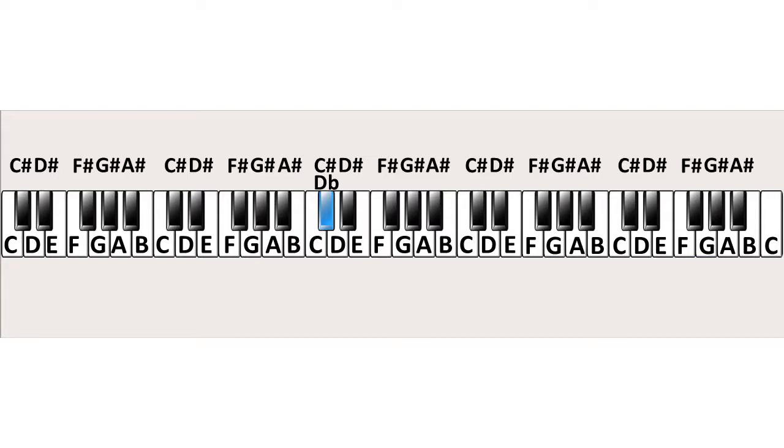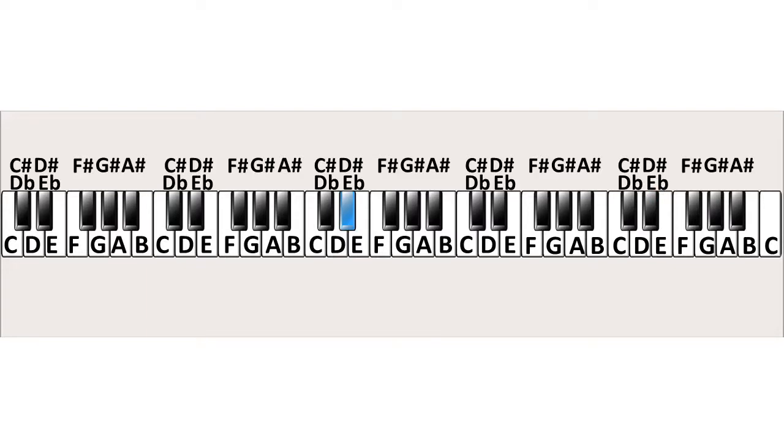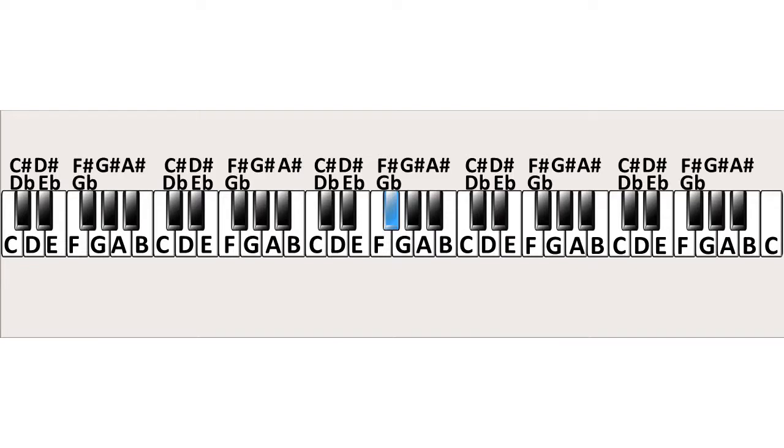Okay, this is of course not the only D flat on this keyboard. Here are the other ones. In the same way, we can call our D sharp a lowered E, so an E flat. And here are the other E flats on this keyboard. The F sharp is in the same way also called G flat. And here are all the other G flats on this keyboard.